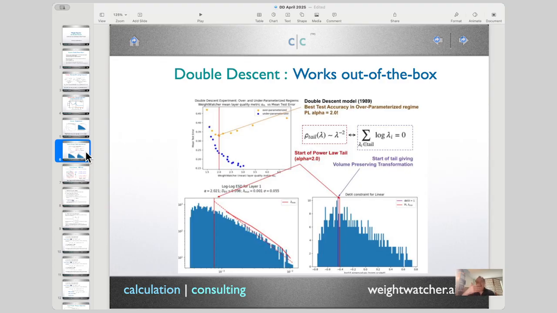The idea is that every layer contributes some bit to the error, or some bit to the accuracy, error being 1 minus accuracy. You want to minimize the error for every single layer. And if you minimize the test error for every single layer, in principle, you should get a better model.